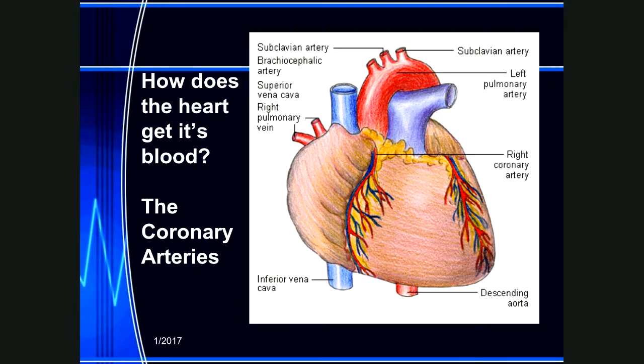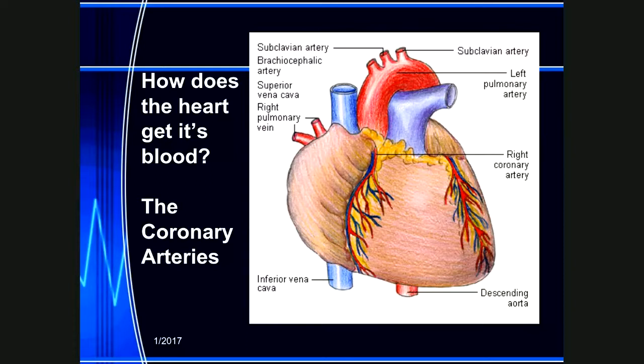The aorta itself is the largest artery in the body, and it arches off the top of the heart and travels through the thoracic cavity on top of the spine and down to the abdominal cavity, where it branches into the iliac arteries. It also carries oxygen-rich blood.